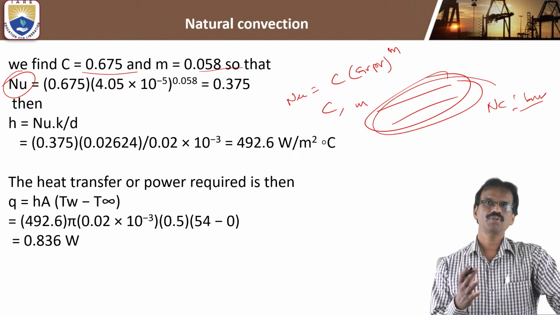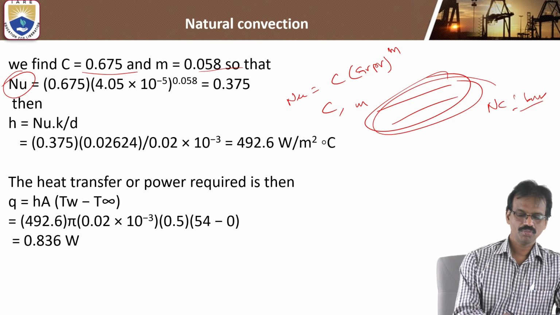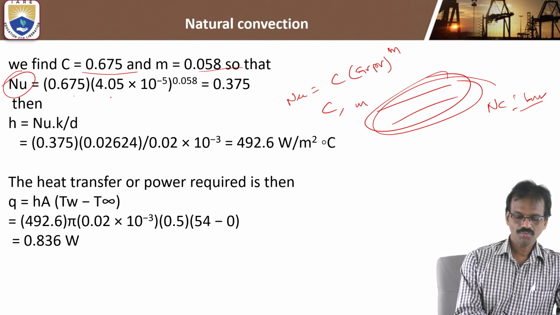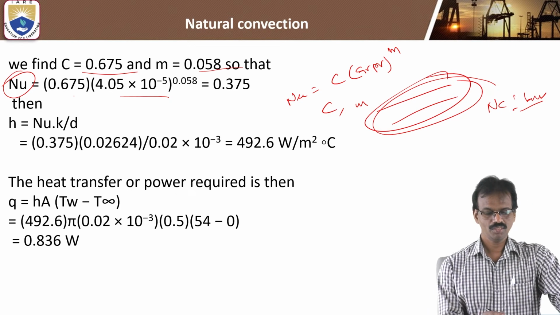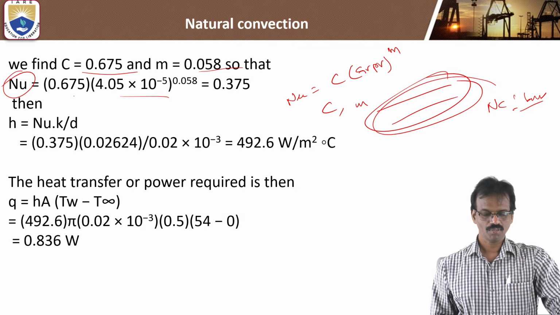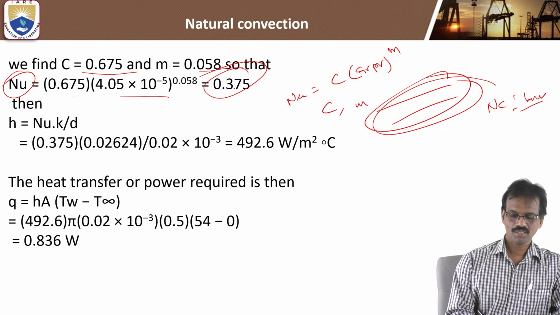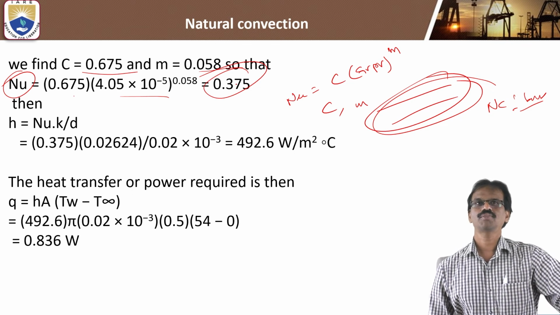If you refer to the data book, you can understand this. Here Gr Pr is the Rayleigh number, 4.05 into 10 to the power of 5, so according to the Nusselt formula, the Nusselt value is equal to 0.375.